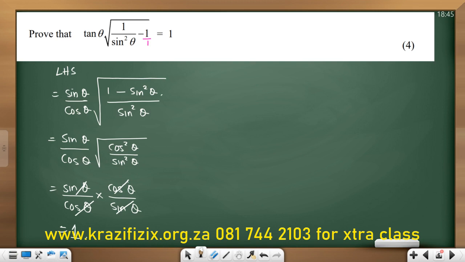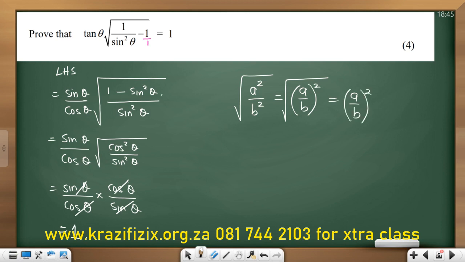You see, if I want to take you through the baby stage, it would be to let you see that this can be written as a over b all squared, and I still have a square root. That just takes care of each other. Because square root simply means to the power half. Do you see? I'm still going to get a over b.